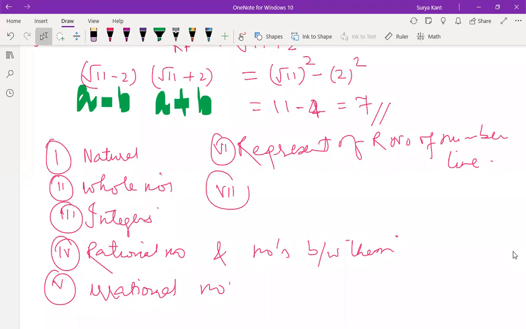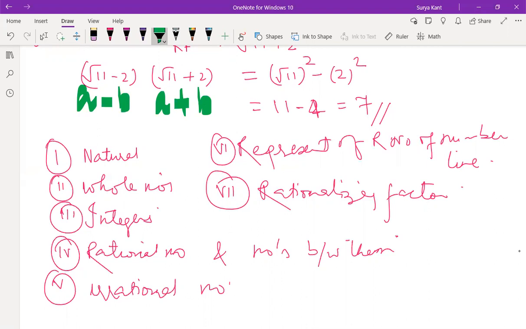And the last one is this rationalizing factor. Children, if you have doubt in any of these topics, you can let me know right away.